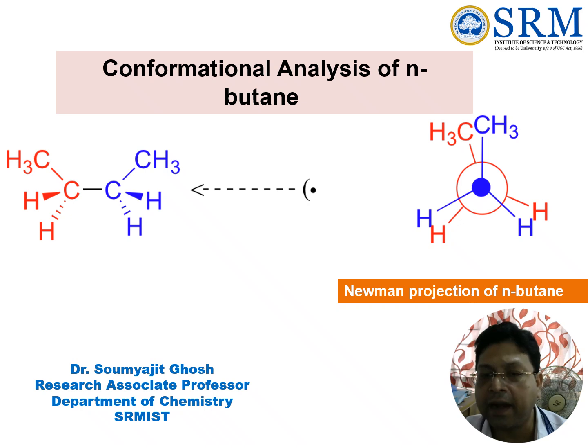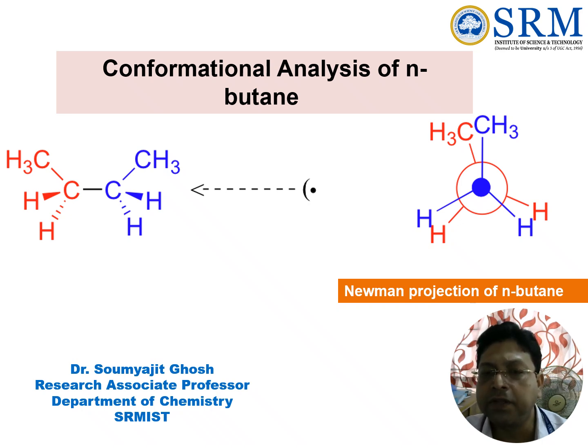And this red circle is the backside carbon atom, which we can call C3. If this one is C2, then this red circle is C3. C3 also has substituents, methyl, hydrogen, hydrogen. Because of the Newman projection, we cannot see the single bond between C2 and C3.